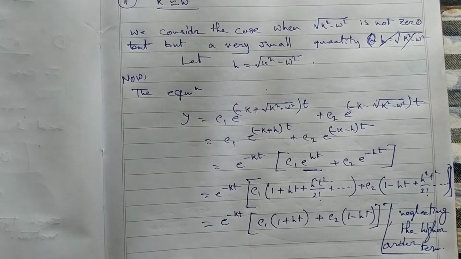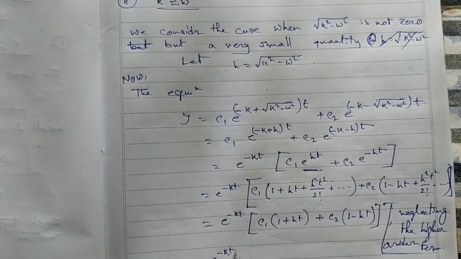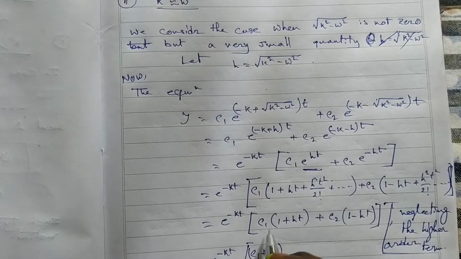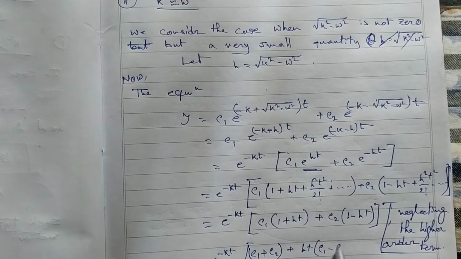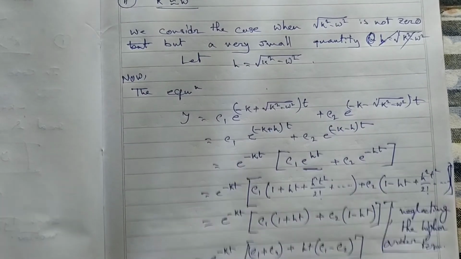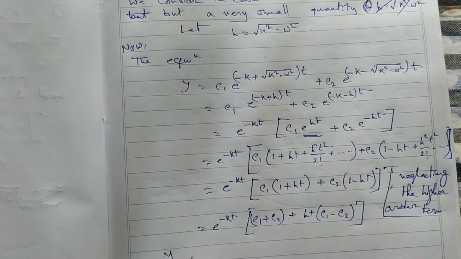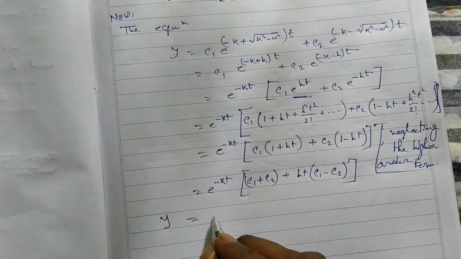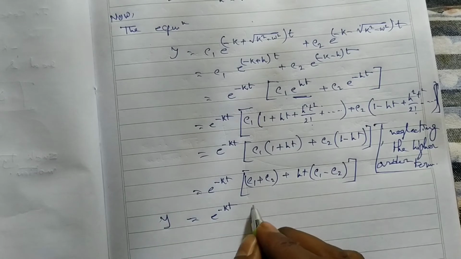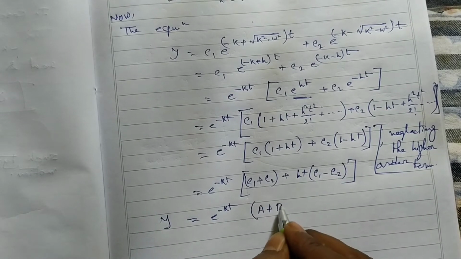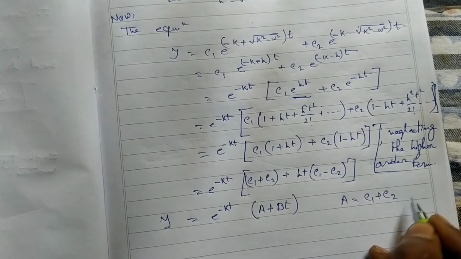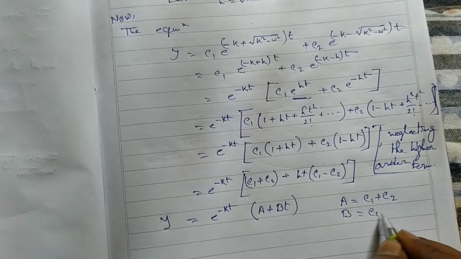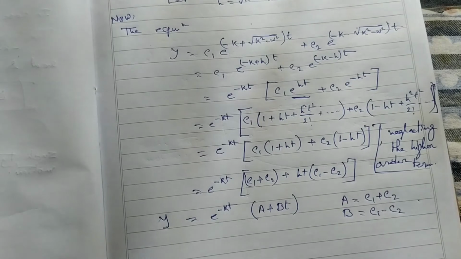Now we get this: e to the power minus kt, c1 plus c2 plus ht times c1 minus c2. This becomes the solution. So we write here y is equal to e to the power minus kt times a plus bt, where a is equal to c1 plus c2, and b is equal to c1 minus c2.